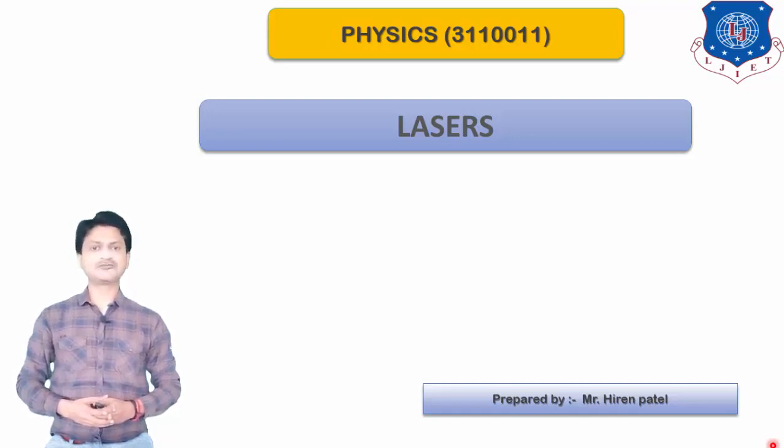So in this current video lecture series, we are studying the subject of Physics Group 1. In this chapter on laser, we have learned about its properties, principle and Einstein theory. In the last video, we discussed the basic concepts like lasing, population inversion, metastable state and pumping.